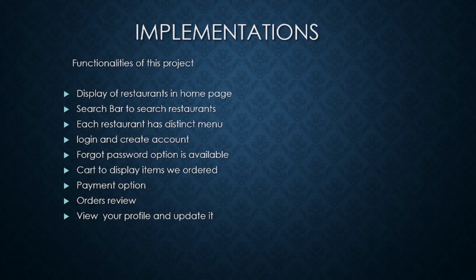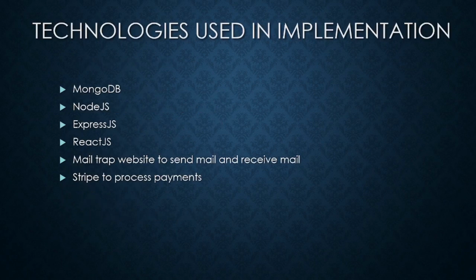If anyhow you forget your password, we have the option with which we can reset our password, and the cart will show the cart items we have placed. And the payment option is obviously for the payment. We can use the card to make our payments, order reviews, and profile.